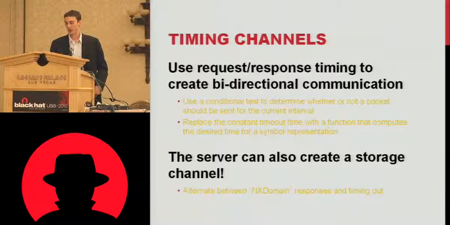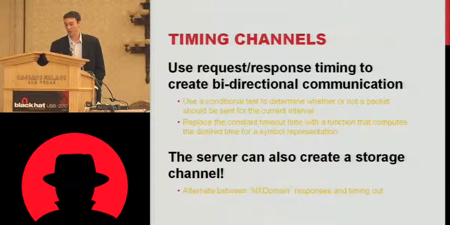And you can use that for communication. And once again, for the reply back from the server, you can just calculate how long that reply took and then use that to determine what symbol was sent back from the server. This isn't going to give you a lot of bandwidth, but it's easily going to give you enough for things like reliability and sequencing and things like that.